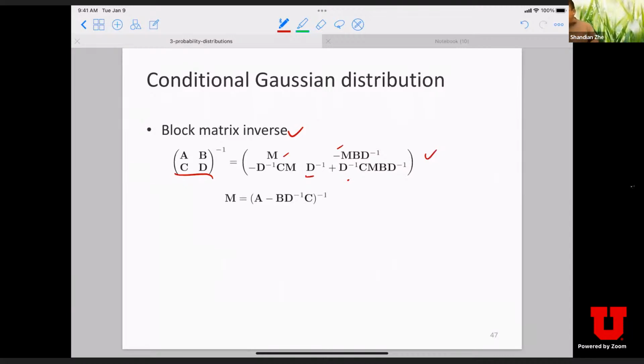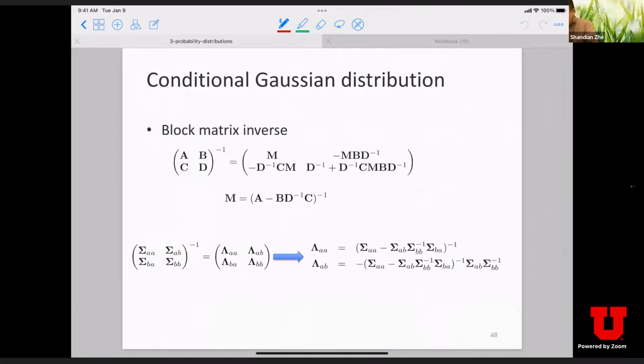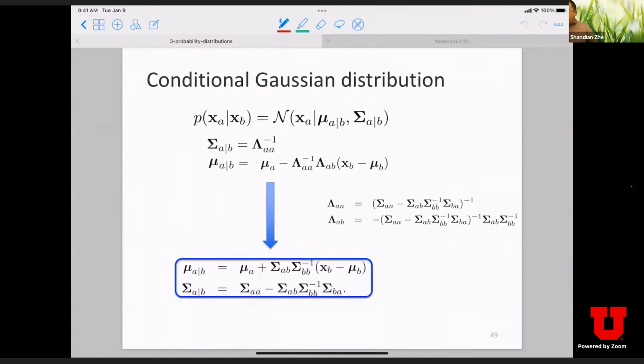Then you just apply this and you will get lambda AA and lambda AB. We substitute into our derived conditional mean and covariance, and that's where we get the final version of the conditional mean and the conditional covariance.